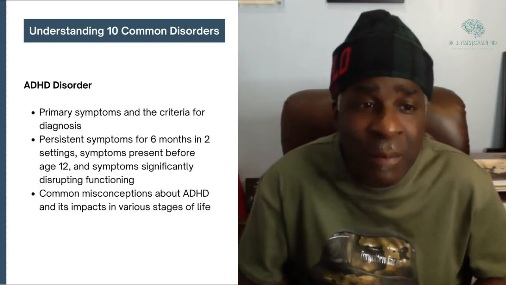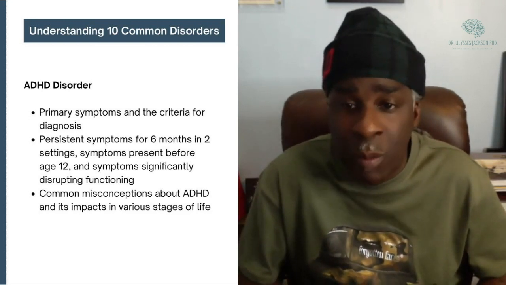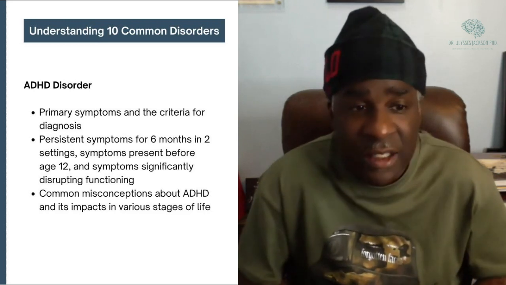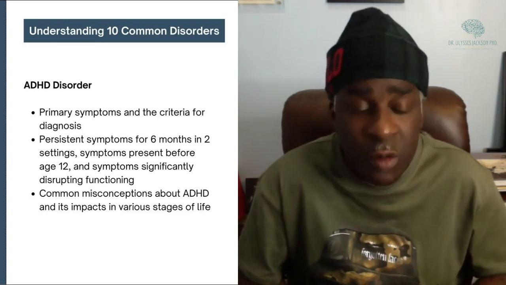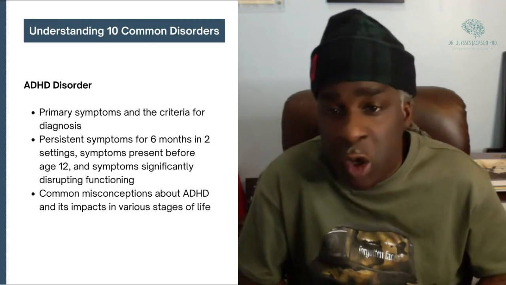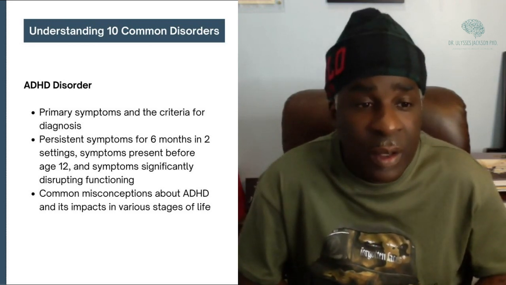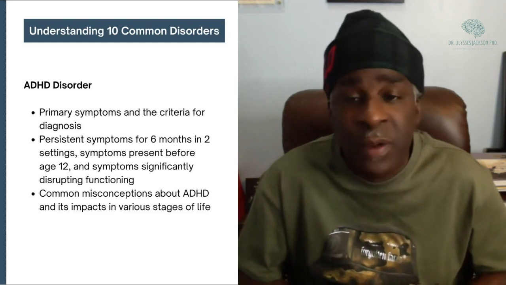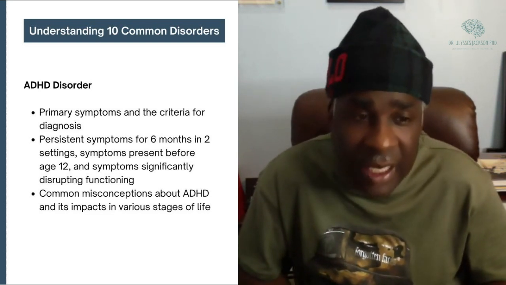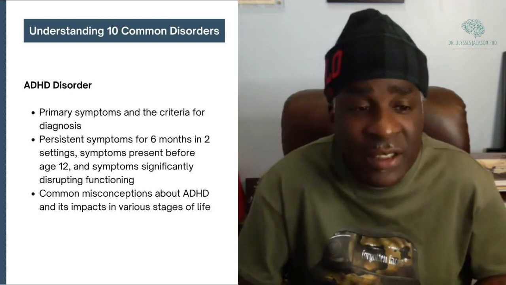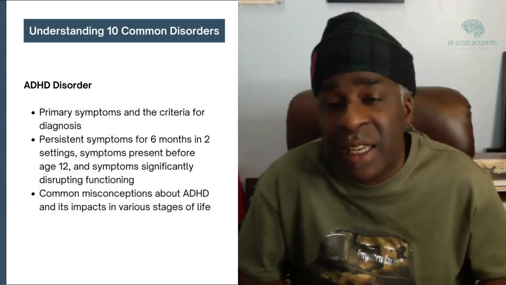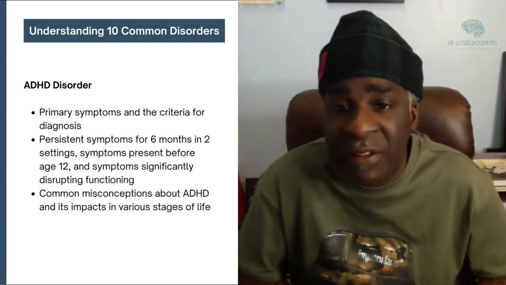Has to have been going on for 6 months or more in 2 different settings before the age of 12. That's school, church, home, friend's house, with significant disruptive functioning. There's a misconception of what ADHD is, and it impacts people at different stages of their life.